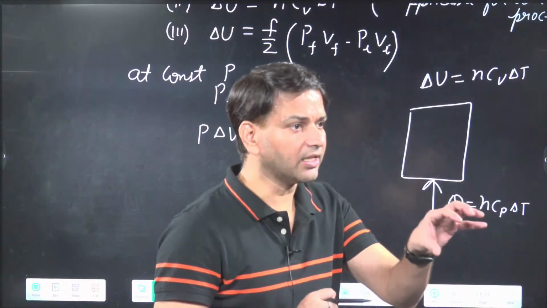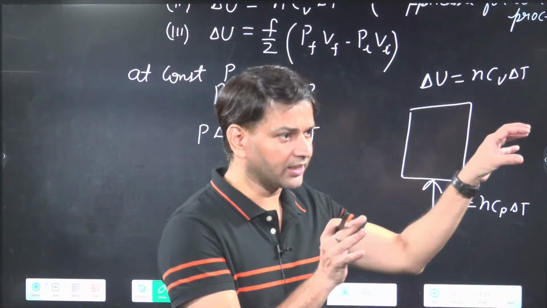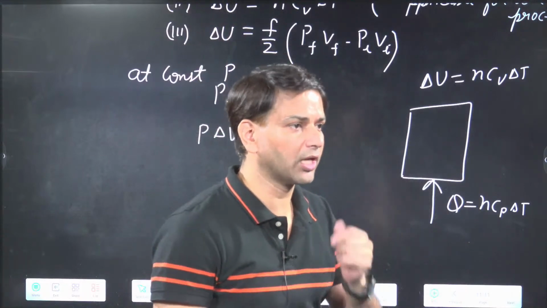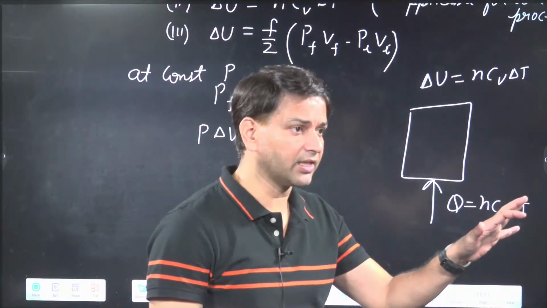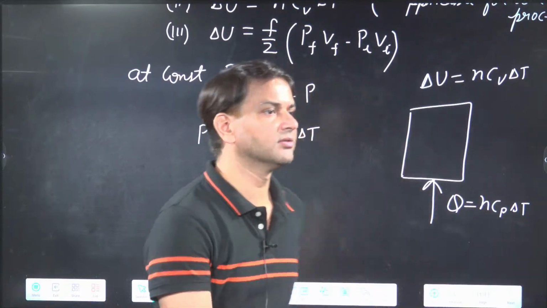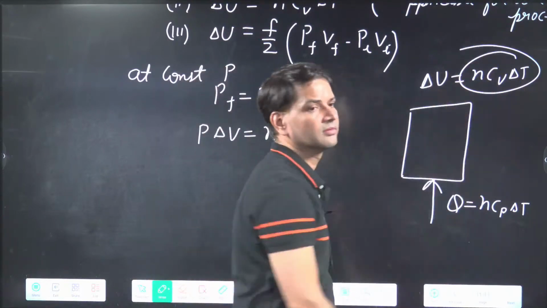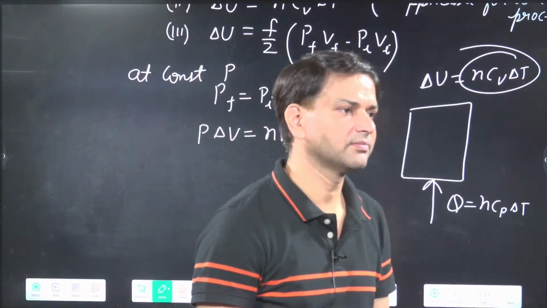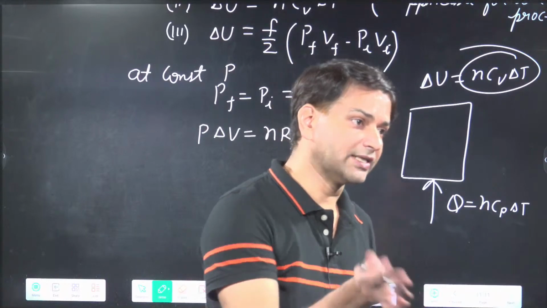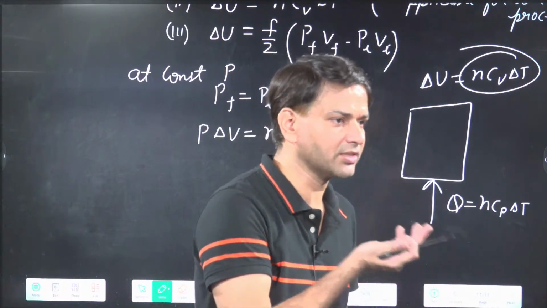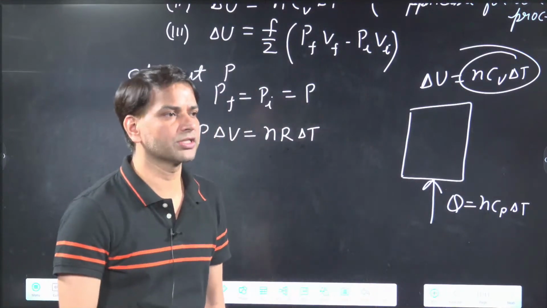In this heat, some part will change the internal energy, some part will do the work. We learned this in the first law of thermodynamics. Which part will change the internal energy? This part. The rest will go into work done. So change in internal energy will always be NCV delta T, whether the process is isochoric, meaning constant volume, or not.